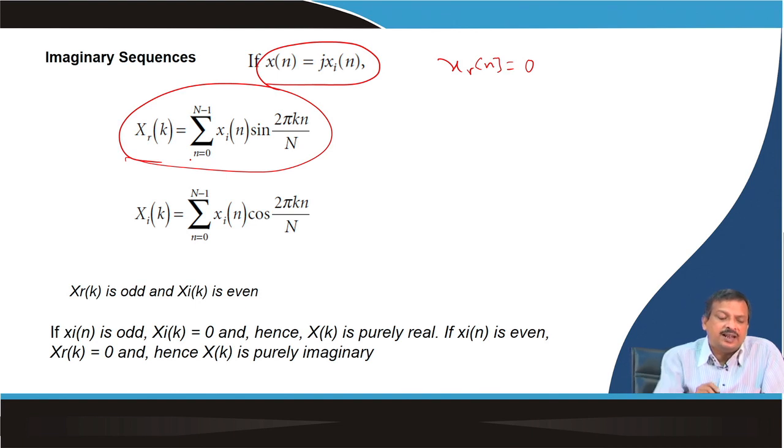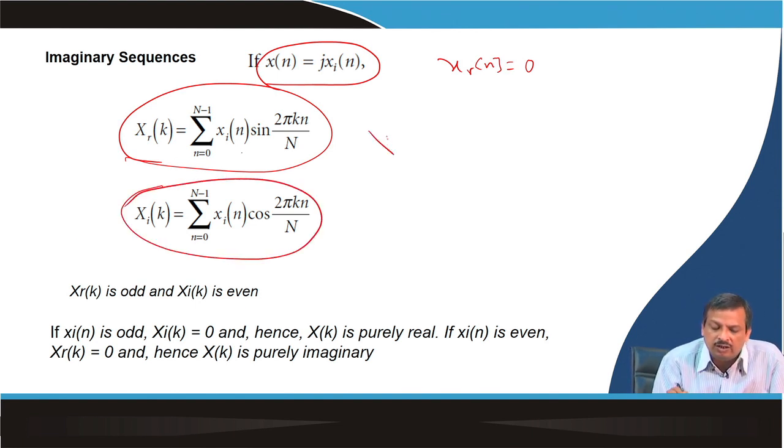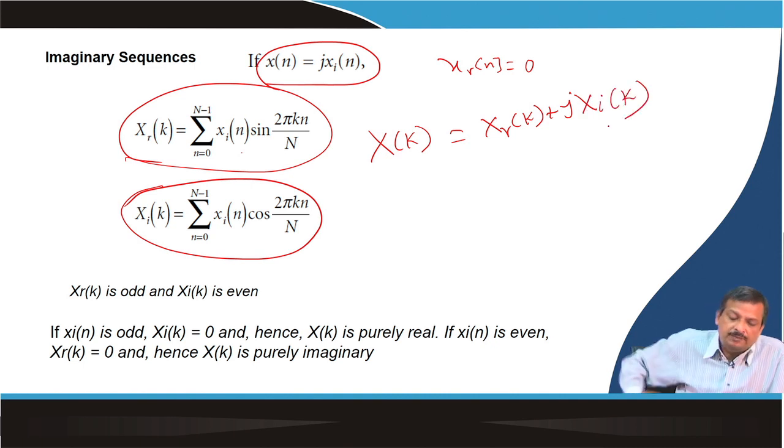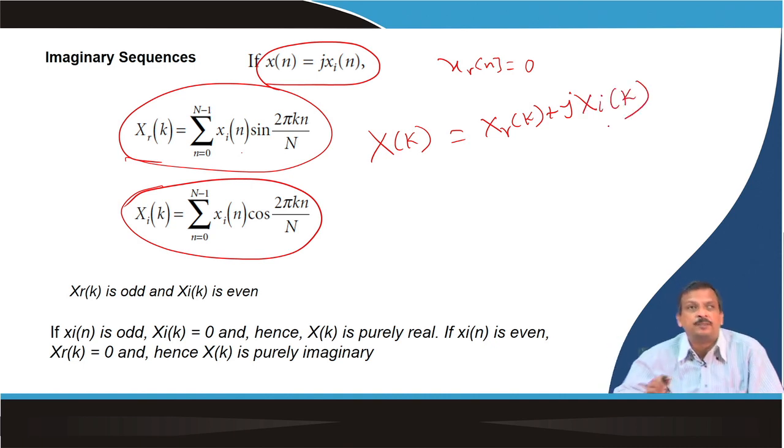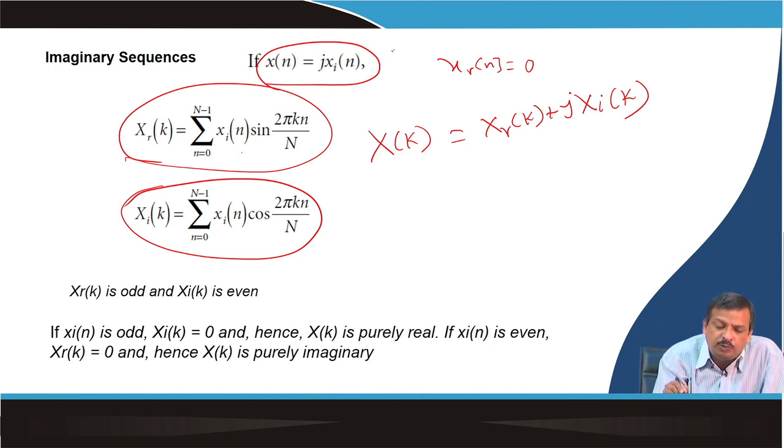So X of rk will be this one and X of ik will be this one. So X of k is equal to X of rk plus j X of ik. Now what is interesting is that if the sequence is purely imaginary, then the real part becomes the sine component, which is odd, and the imaginary part the even component.